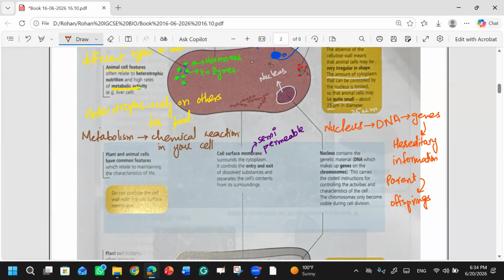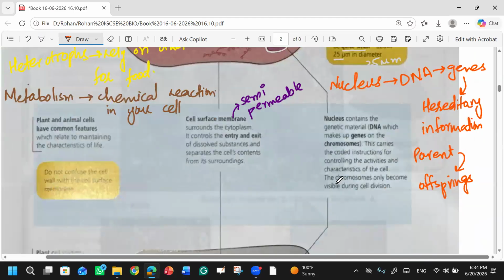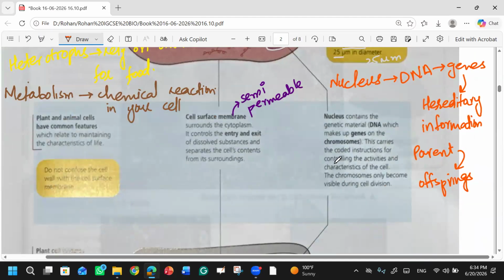Now they have mentioned that the nucleus contains the genetic material DNA which makes up genes on the chromosome. This carries the coded instruction for controlling the activity and characteristics of the cell. Actually, we will discuss it in detail. The chromosome is like this.